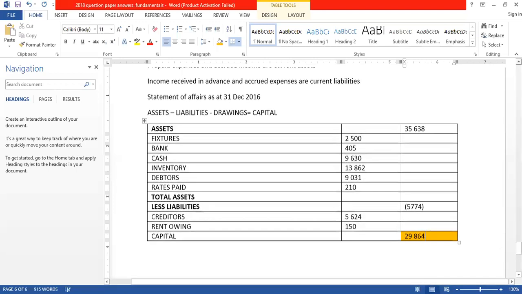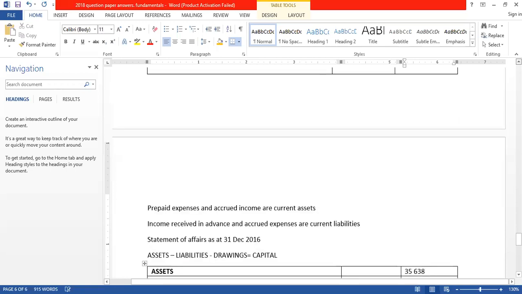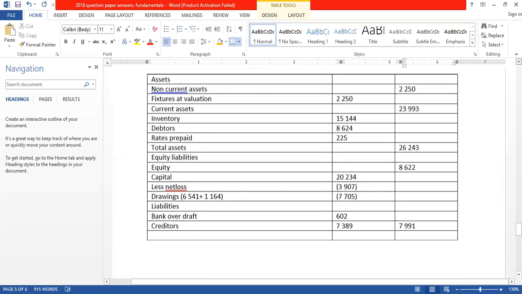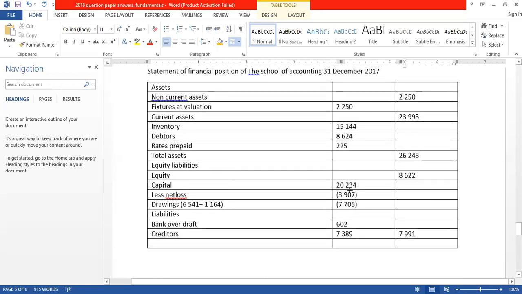So we go back to our statement of financial position. Our capital amount here is wrong, so we need to edit it to 29,864.